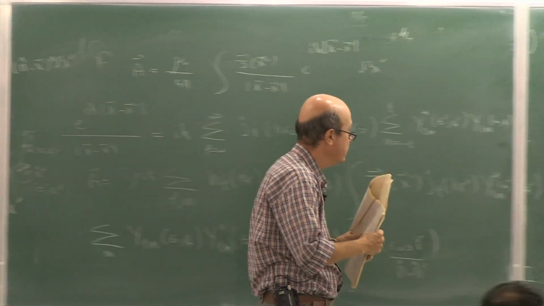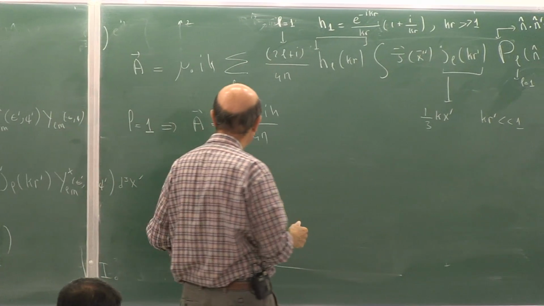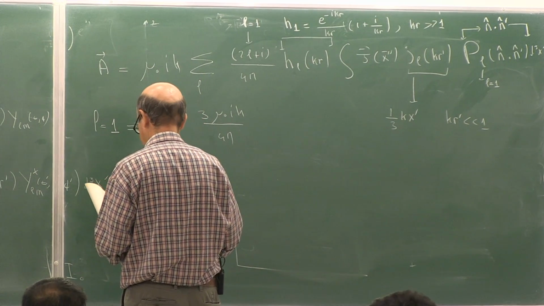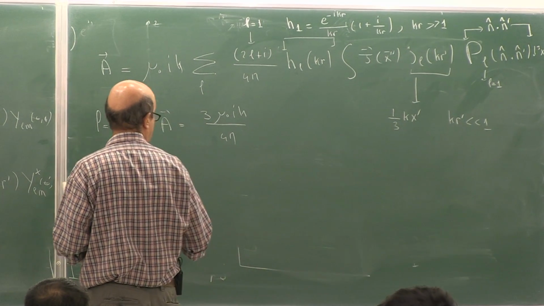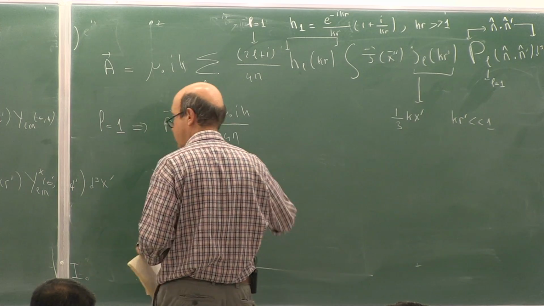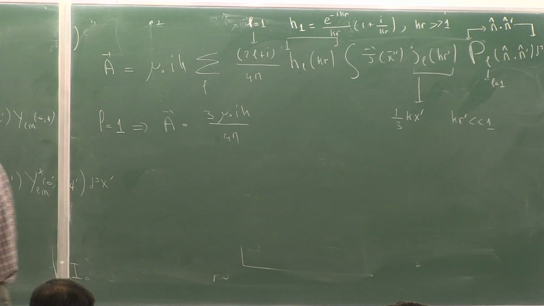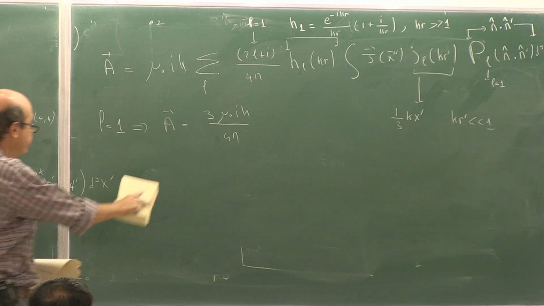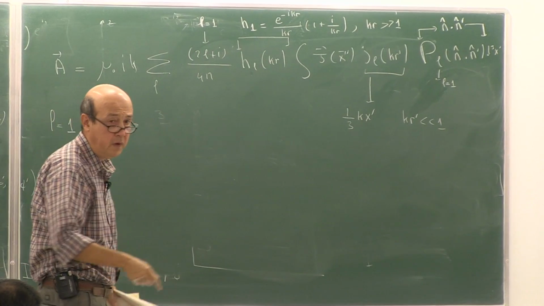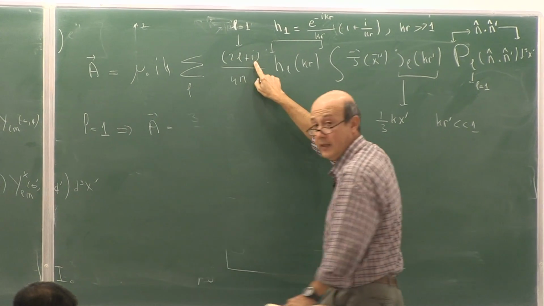I will just write the result. Okay, so I'll erase this and write the result. I don't want to spend much more time here because we come to the end. For L equals 1, this is 3.